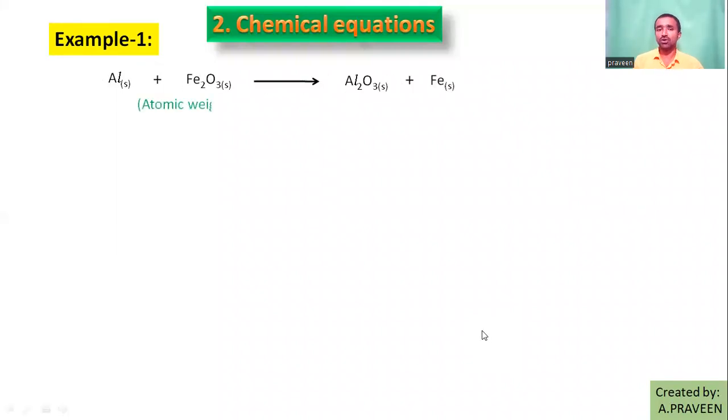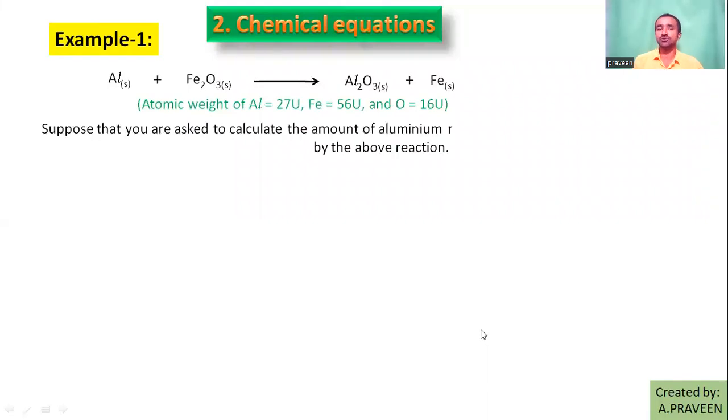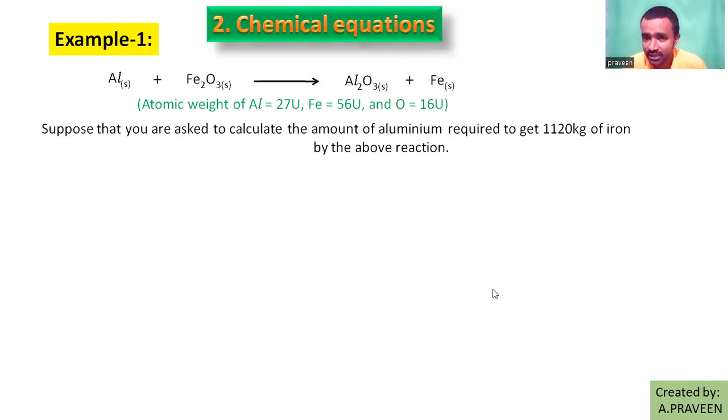Suppose you are asked to calculate the amount of aluminum required to get 1120 kgs of iron by the above reaction. The first important thing is identifying what you are finding.